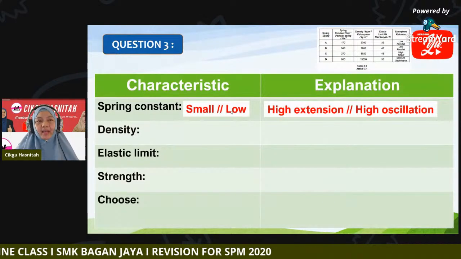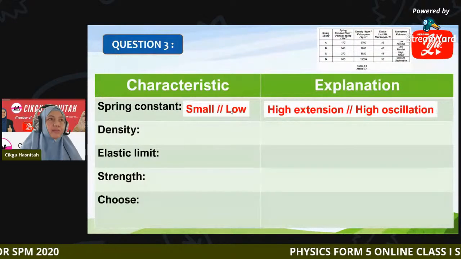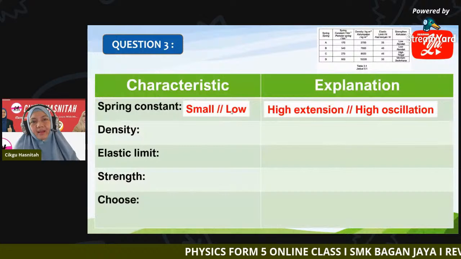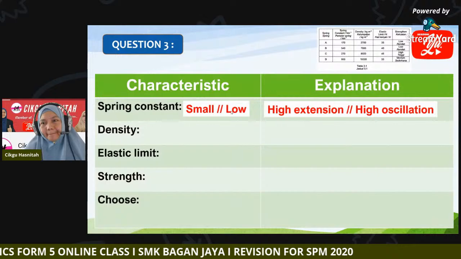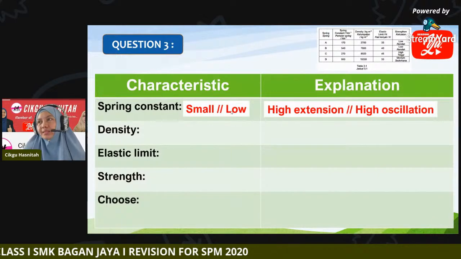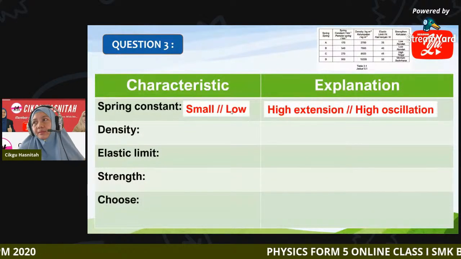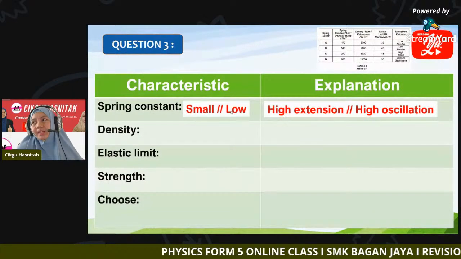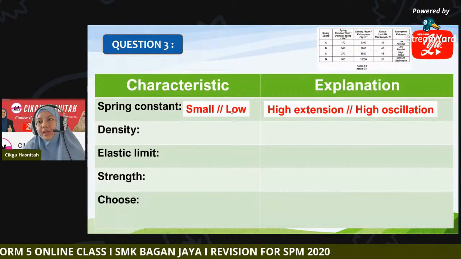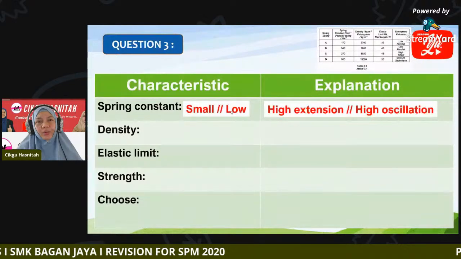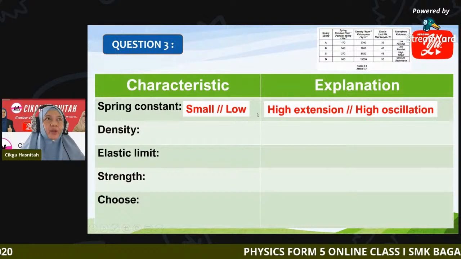Next, density. What can you say about the density of the spring? High or low density? We can choose a spring with high or low density. You want the cradle to be heavy or you want the cradle to be light?